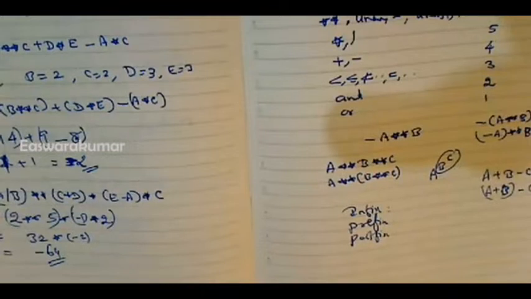For a unary operator, the operator comes before the operand, like minus A, minus 3, plus 2, or not of A. So unary operator, no problem, we put the operator before the operand. When you take a binary operator, two operands are there, like A plus B, A minus B. In the infix representation, the operator comes in between the operands.